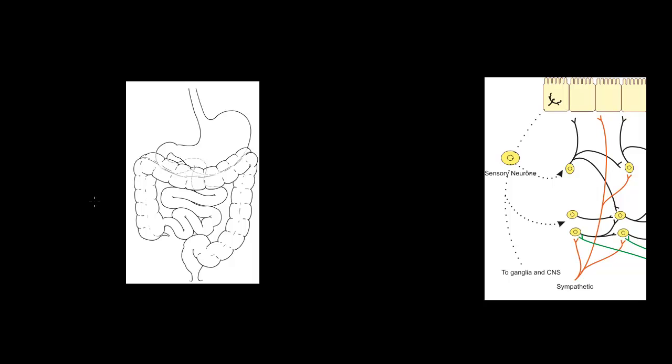Well, they also have a pattern in how they run throughout the gastrointestinal tract. In blue is the myenteric plexus, and it runs the entire length of the gastrointestinal tract.